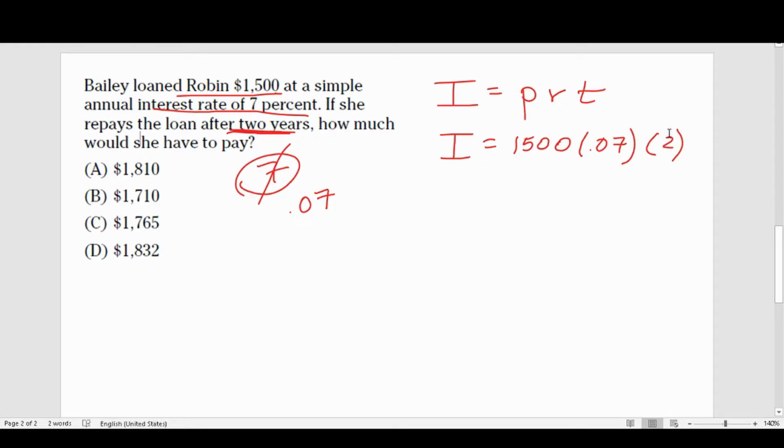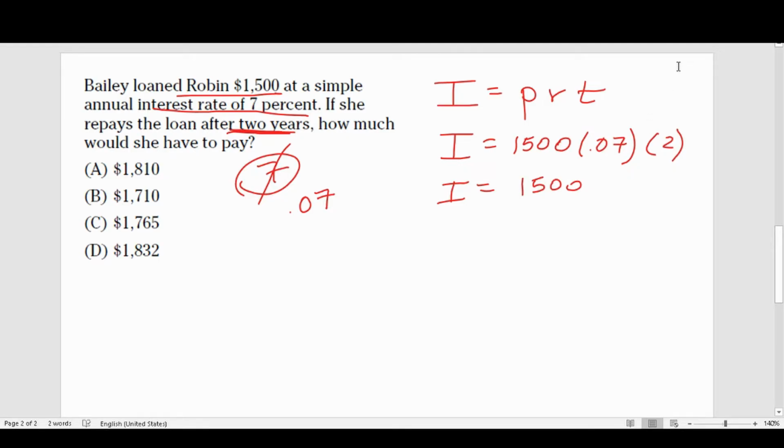Now, in this case, we don't have a 1 here, so we have to multiply all 3 things together. If you're good at mental math, you can either do 2 times 0.07 or 2 times 1,500. I'm going to do 2 times 0.07 in my head.